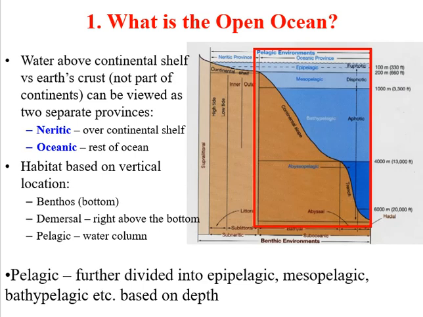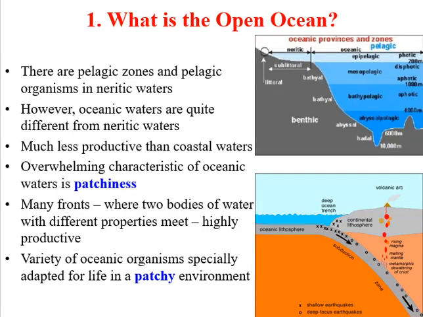So we're going to look at each one of those parts of the pelagic out in the oceanic, and then we're going to turn our attention to some other features, specifically in terms of the organisms.